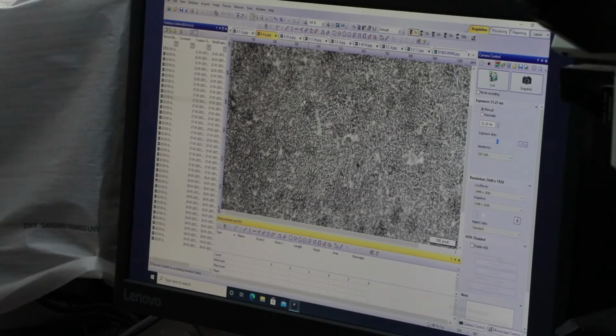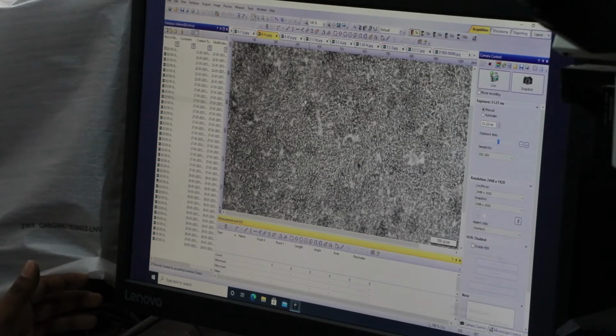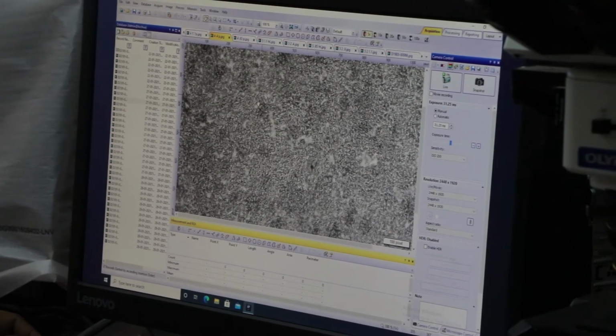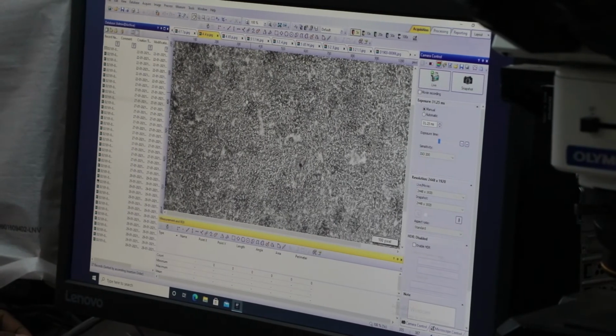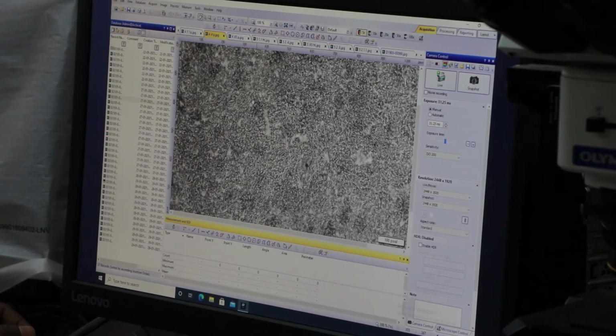Now, when we observe through the microscope, we repeat the procedure stage by stage: first mounting, second fine grinding, third polishing, fourth etching, and next microscopic observation. The first procedure is mounting. Suppose this is one small sample piece with a sharp edge and irregular shape, impossible to hold manually. It requires a suitable shape and size, so we use the mounting procedure.